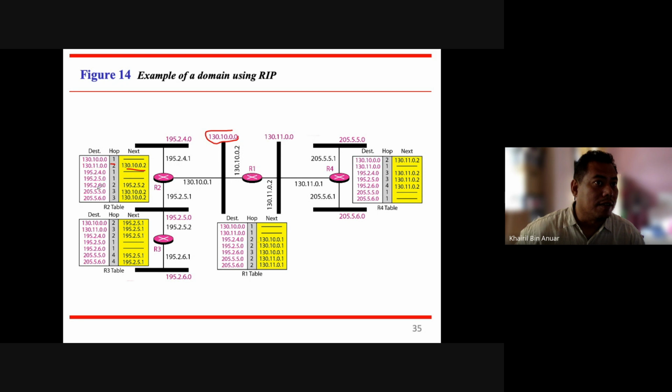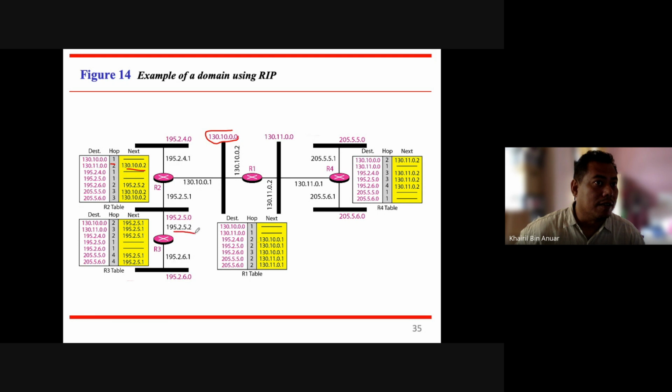Then 195.2.4.0 and 195.2.5.0. Here it is going directly, so that is why it's only 1 hop, and there's no next hop or next IP address. Same goes for 5.0. 4.0 is up here, 5.0 down here. 6.0 is over here, so the next hop will be here.